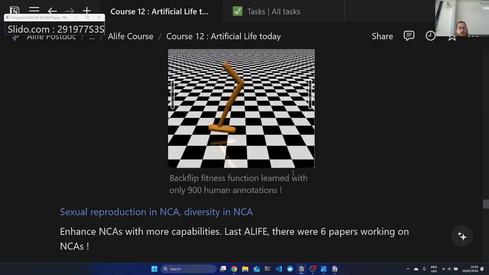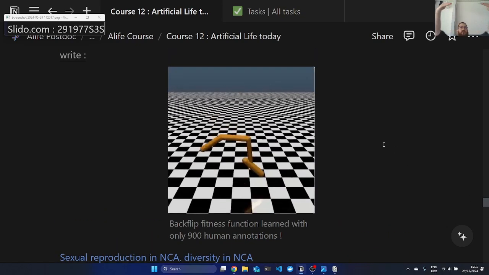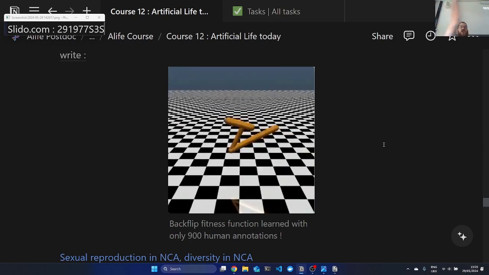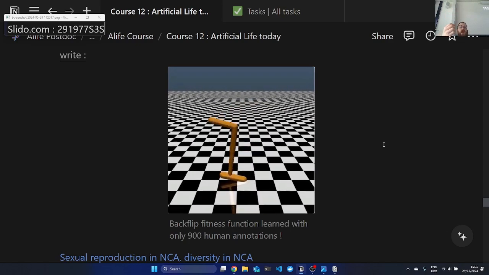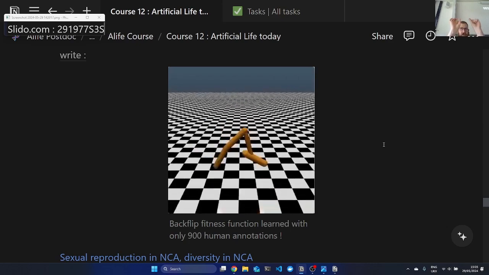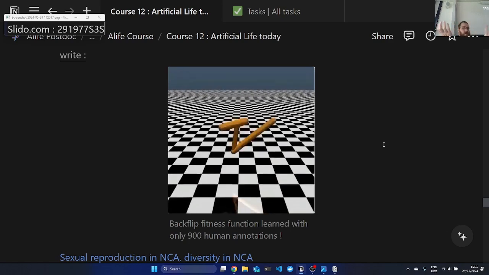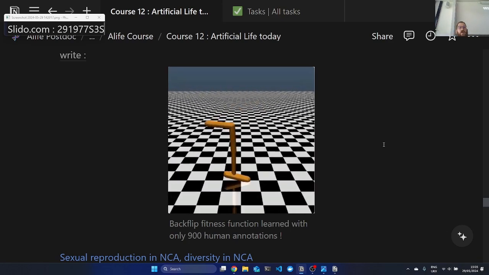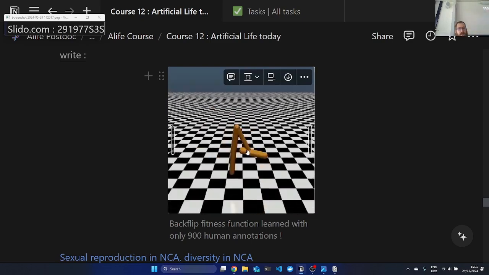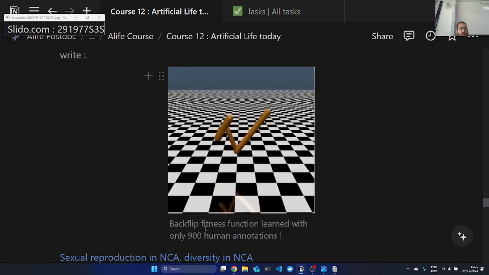And so what they do here instead is that they don't know the fitness function a priori. They just ask humans, given 2 videos of backflips, to say which one is closer to a backflip. And then there is a neural network behind this that learns the human preference function, which is unknown. What's nice is that to train this backflip with this reinforcement learning algorithm, you only needed 900 human annotations, they claim.